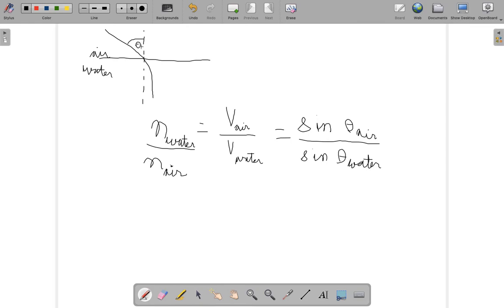So that's going to be theta air, or theta I because it's the angle of incidence, and that's the angle of refraction, or theta water. And that is Snell's law.